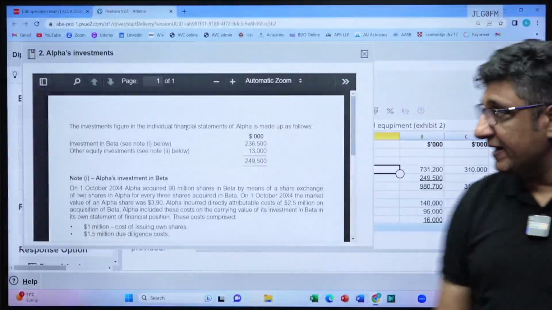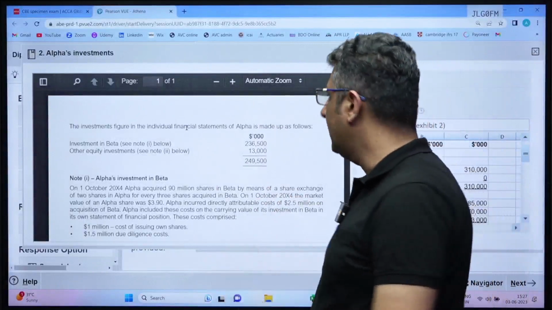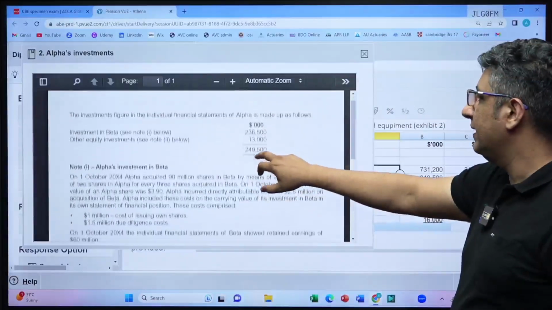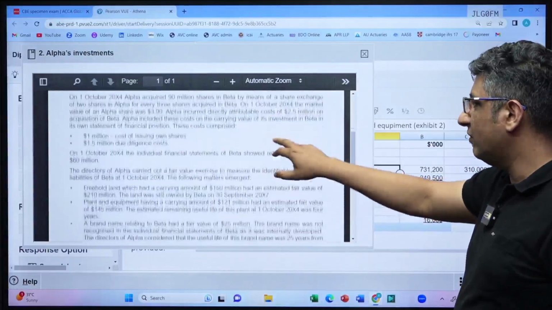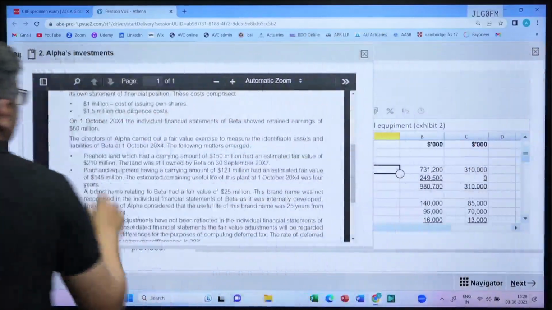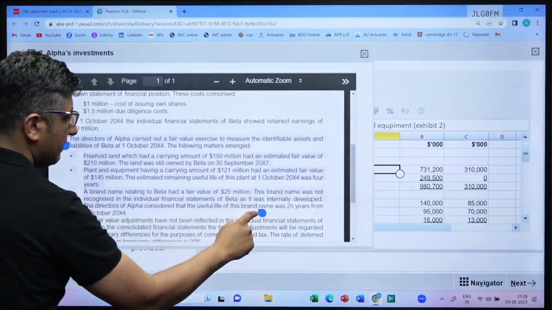Okay, so if I really come back to the exhibit 2, although my balance sheet numbers were not yet looked upon, my exhibit 2 would tell me there's an investment in Beta, etc., and then it talks about some information alongside the information relating to the assets and liabilities.